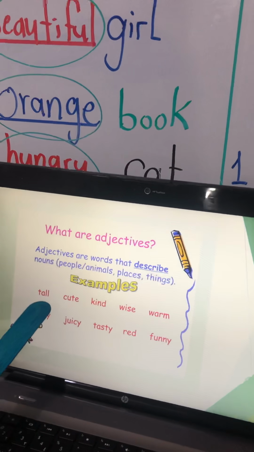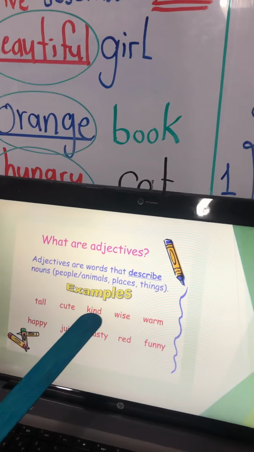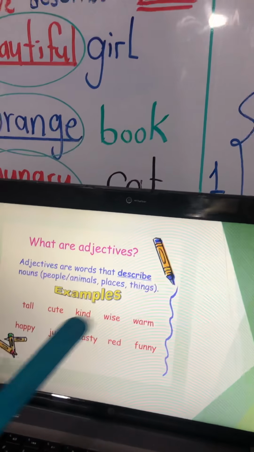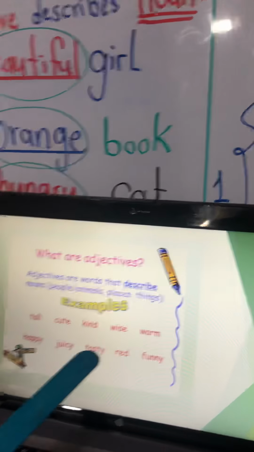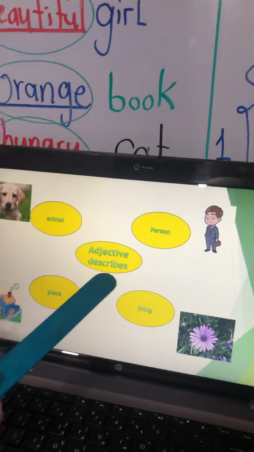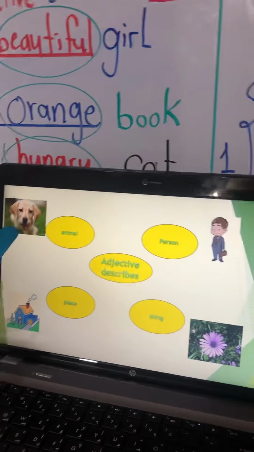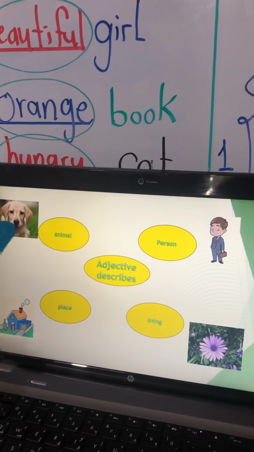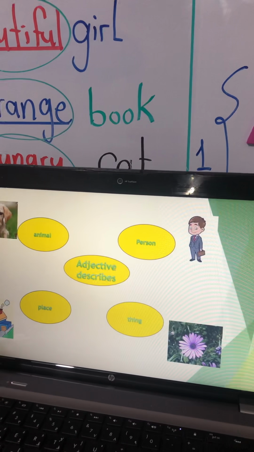Examples: tall, cute, kind, wise, warm, happy, juicy, tasty, red, funny. The adjective describes an animal, like this dog. I have a beautiful dog.